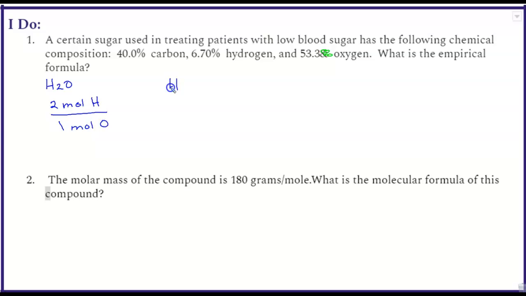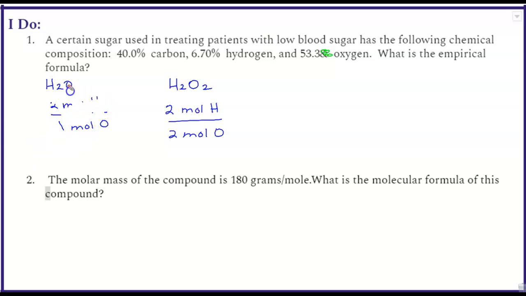Where if I have H2O2, hydrogen peroxide, this tells me I have 2 moles of hydrogen for every 2 moles of oxygen. And so by writing this as what we call a mole ratio, we can actually find the empirical formula. So let's just get started, and I'll show you some.